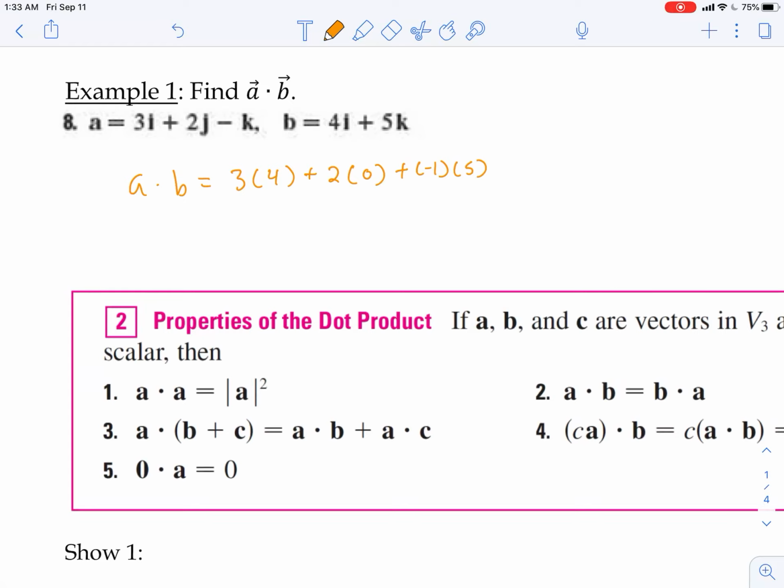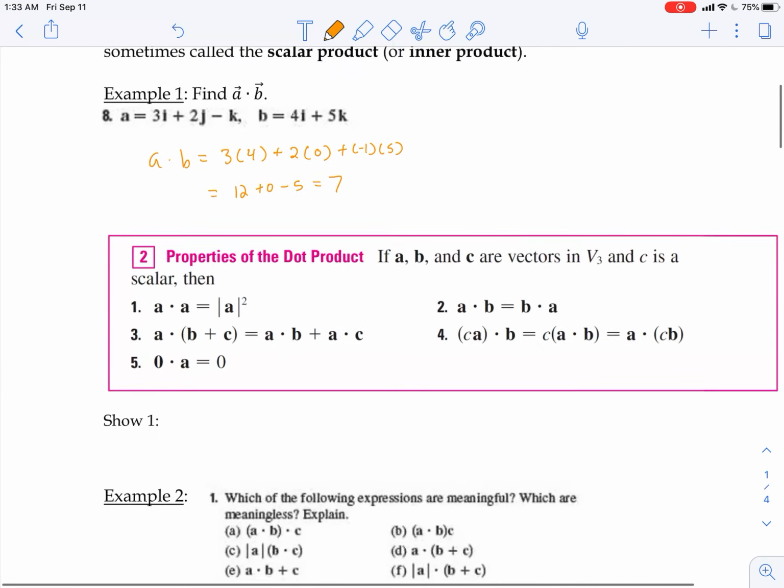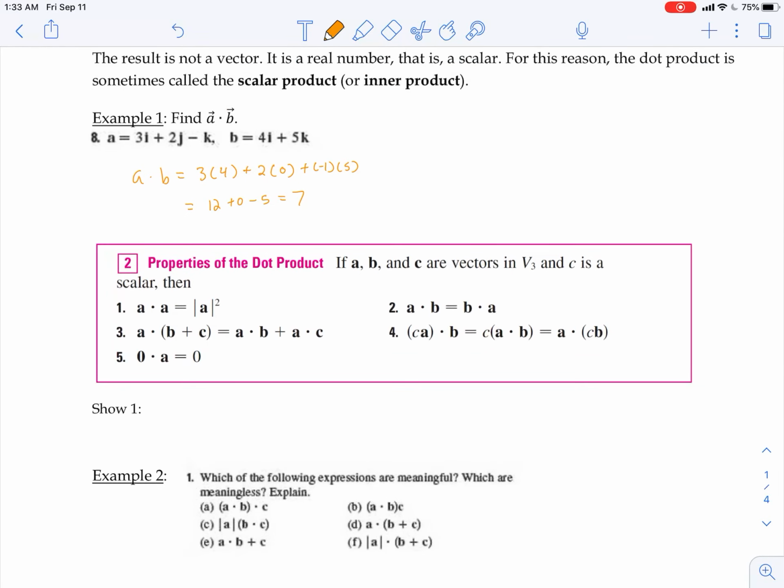We multiply: 3 times 4 gives us 12, plus 0, plus negative 1 times 5, so minus 5. 12 minus 5 gives us 7. And there's the dot product. That's all you have to do. Of course, through this, you can see that the result is just a scalar.